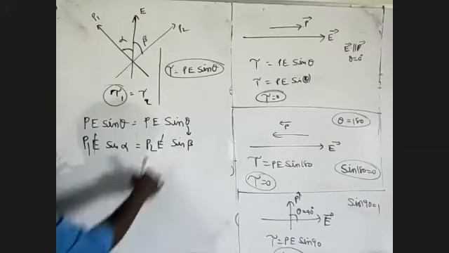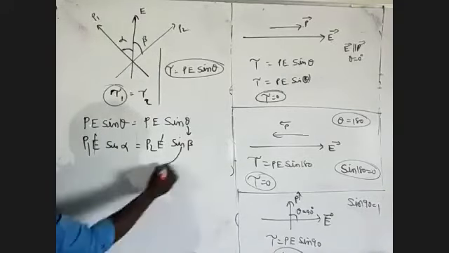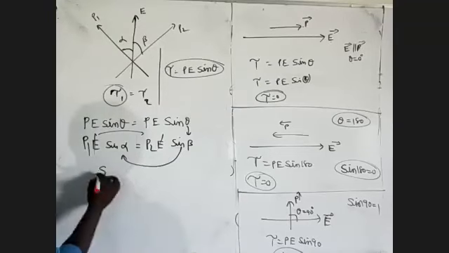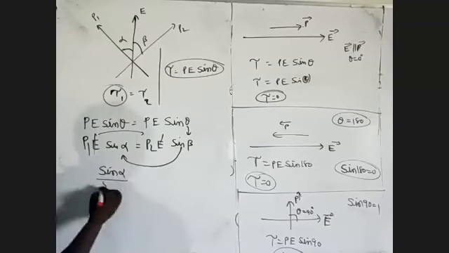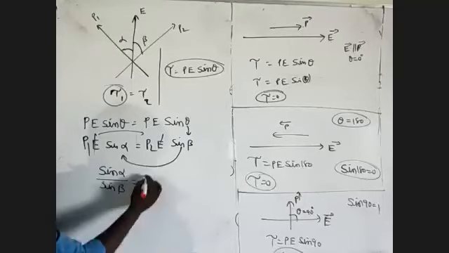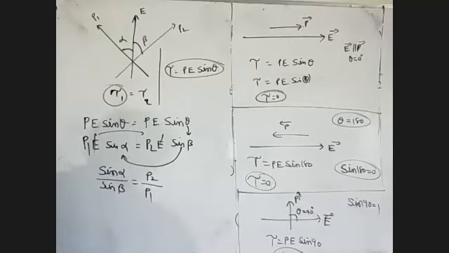Now E cancels on both sides. Taking sin beta to this side and P1 to the other side, sin alpha by sin beta is equal to P2 by P1.